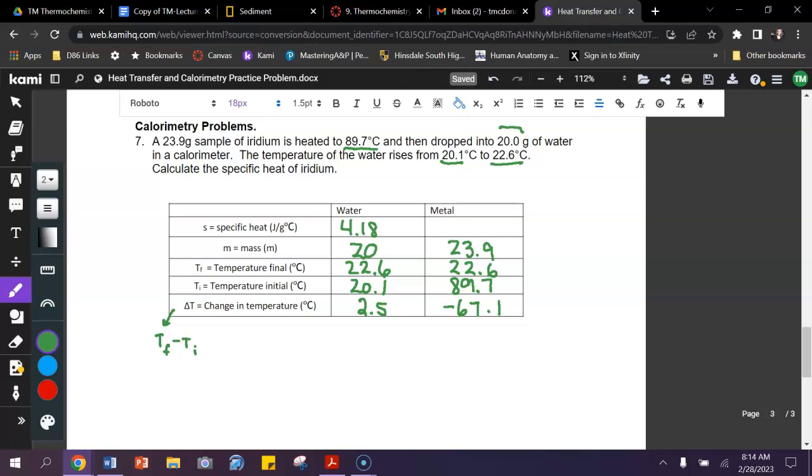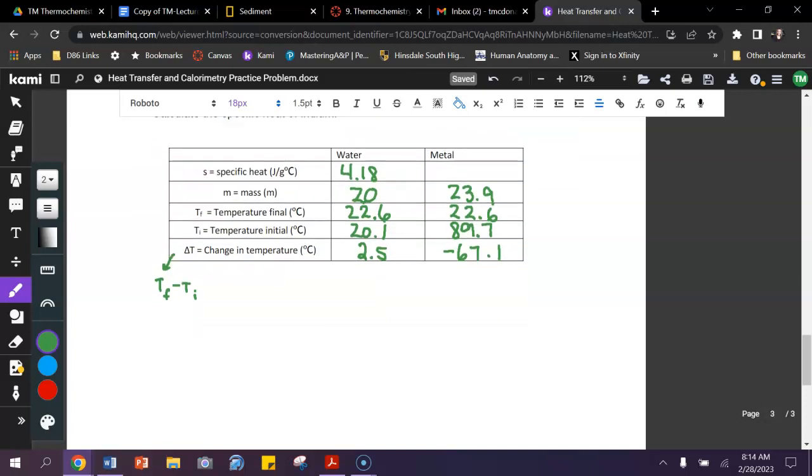Okay, so the very first thing that we have to do is find our Q for water, because if you look, we can't just figure out specific heat, because we need to use our equation Q equals S M delta T. And for our metal, we don't know Q and we also don't know S. So we can't directly figure out the specific heat or the Q of the metal.